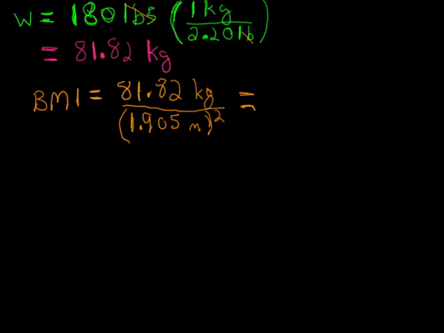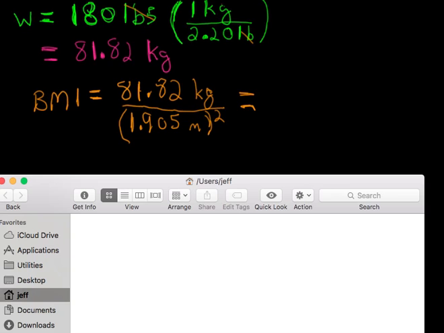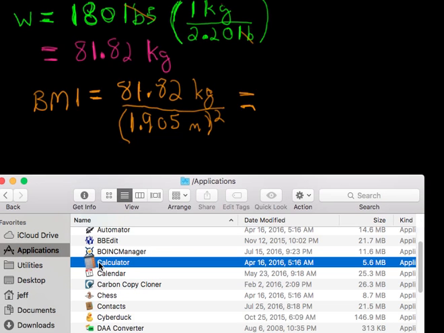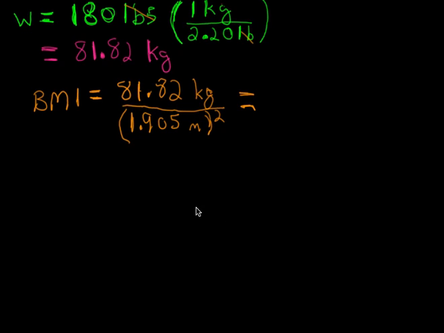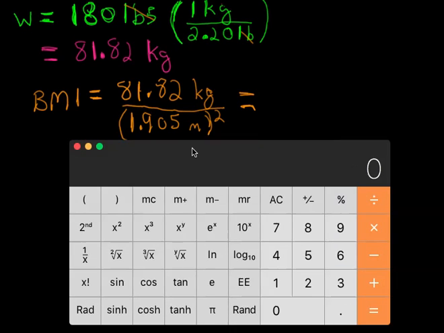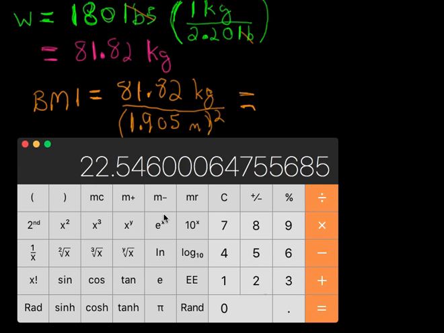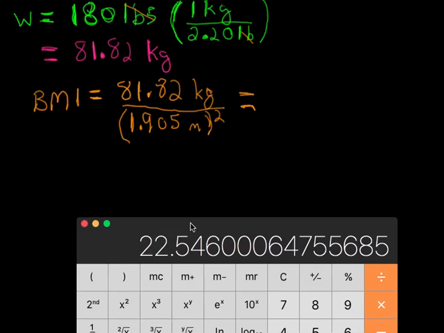Again, we'll grab the calculator and enter that in. 81.82 divided by parentheses 1.905 squared equals 22.54.